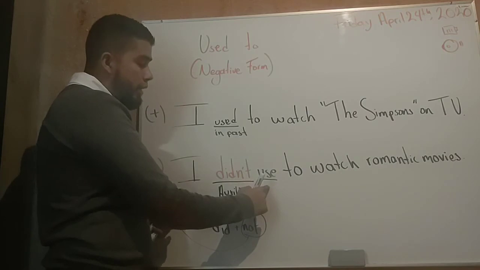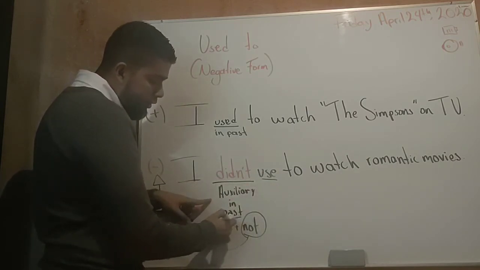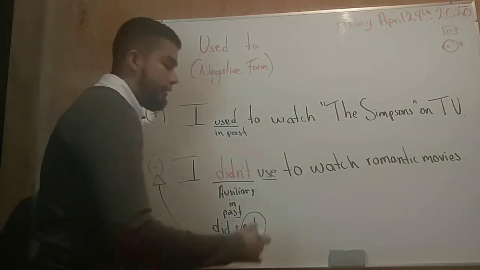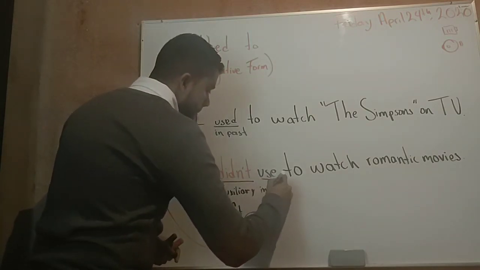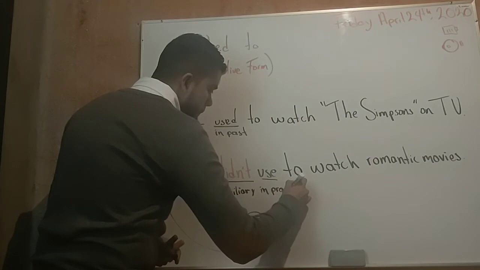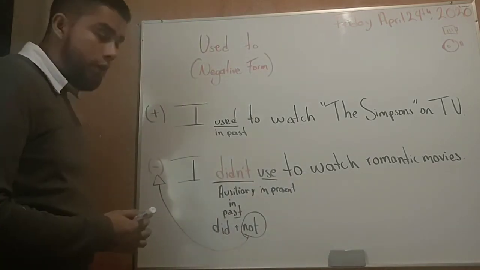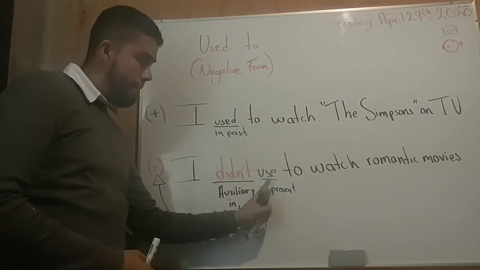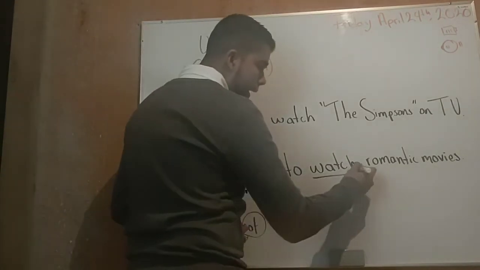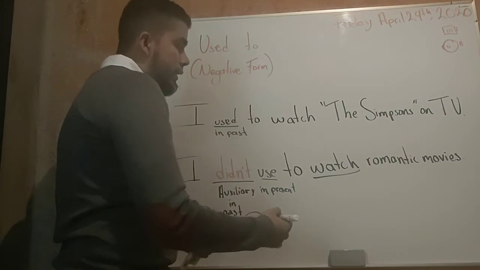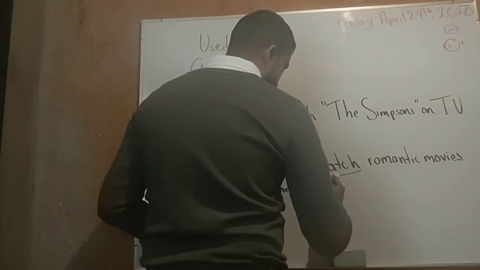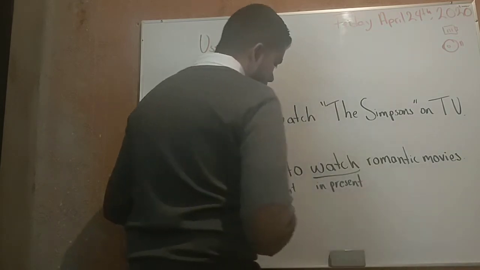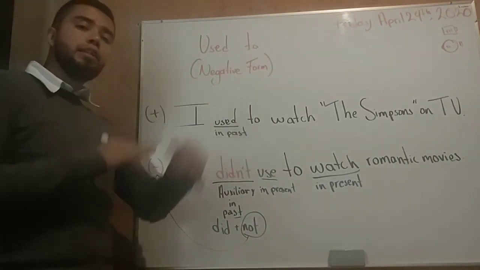And here, as we have this auxiliary in past, my use is going to be in present. Yeah? So, past, present, and the action, the verb, is going to be in present too. Yeah? So that is the difference.